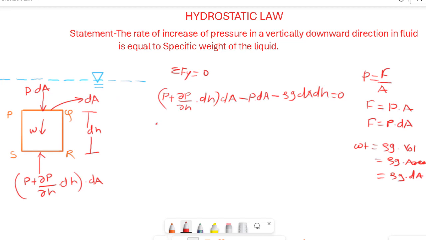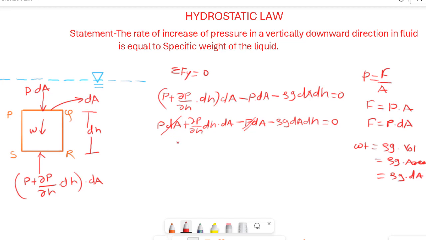So let us open the bracket. We will get P dA plus dP by dH dH dA minus P dA minus rho g dA dH is equal to 0. Now we can see here we have positive P dA, here we have negative P dA, so we can cancel these two out.